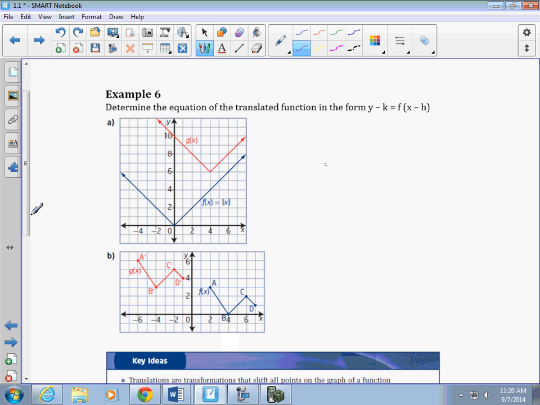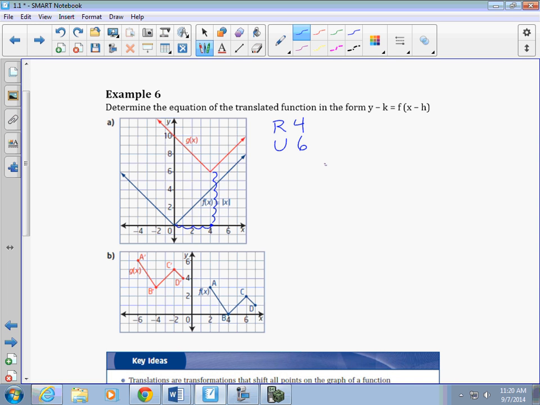So now this one is giving you a graph, and it wants you to find what the equation is. So if the original equation was y is equal to f(x), the function of x is equal to the absolute value of x, we want to see, okay, what transformations did we do here? If I take a look, this graph has shifted from here to here. So it's gone right 4, and it's gone up 1, 2, 3, 4, 5, 6.